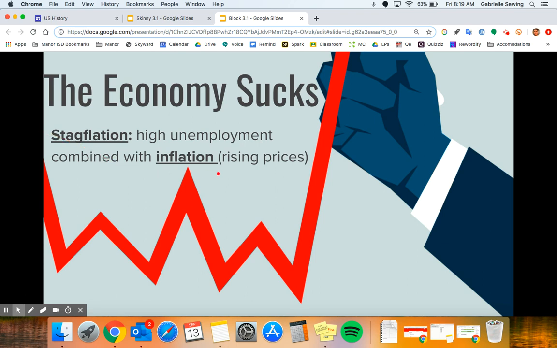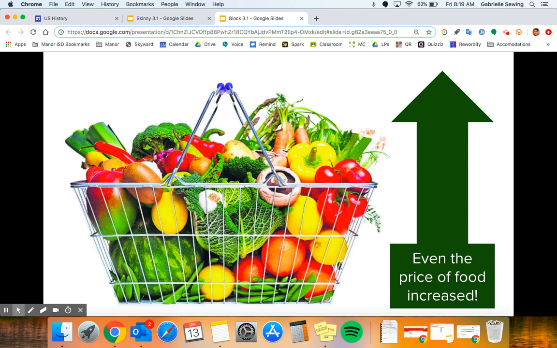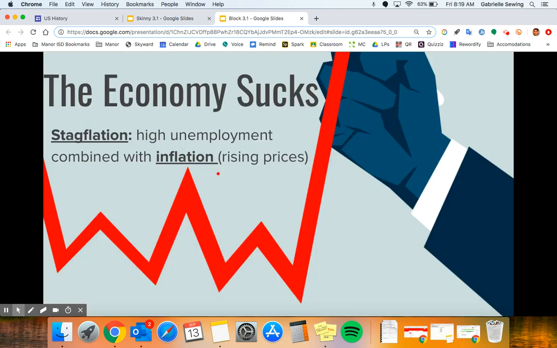Inflation is the rising of prices, just like our food gets more expensive. All of our prices are getting really high. There's not enough jobs to go around, and that combination causes stagflation, which leads to our economy being really, really poor.